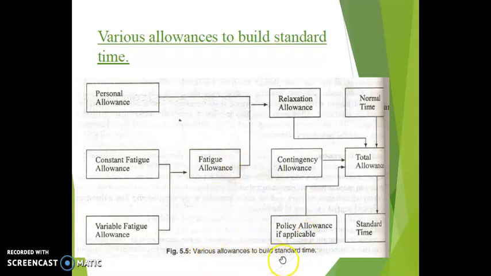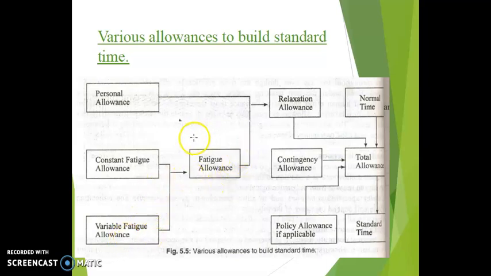Now let us observe what the allowances are, their different types, and how we come to the standard time. Now if you look at the relaxation allowances, there are various allowances such as personal allowance, fatigue allowance. Again, fatigue allowance is divided into two types: constant fatigue allowance and variable fatigue allowance.